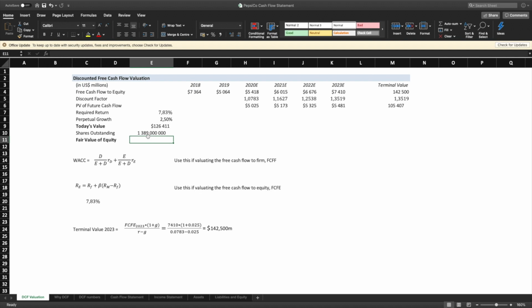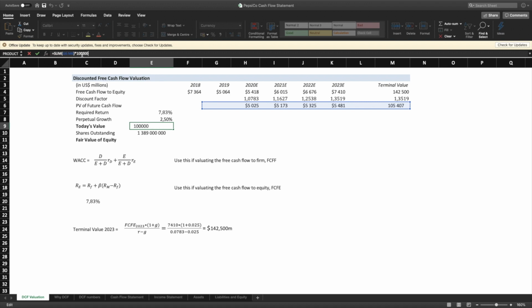To arrive at our fair value of equity, we simply need to do one last thing, and that is to divide. Let's put this in dollar terms, because we want our fair value of equity in dollars per share, so we can compare it to the current price per share of PepsiCo. As I said, this was today's value of $126,411 million, and since it's in millions, we can simply multiply it by a million and we will have it in dollar terms.